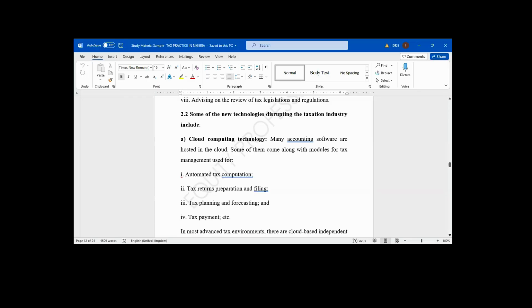Cloud computing technology. Tax authorities make use of cloud. Tax practitioners make use of cloud. Taxpayers too make use of cloud. What do we use cloud for? We use it to save information. Our tax information, we don't need to be printing paper or buying hard disks.